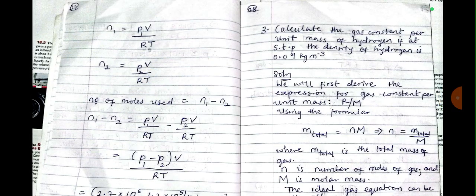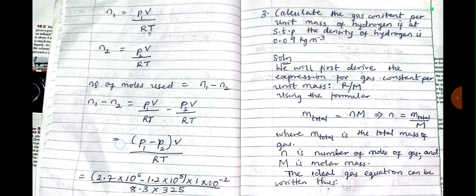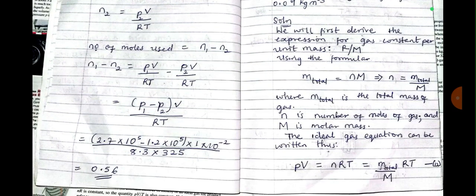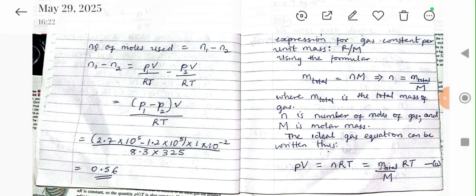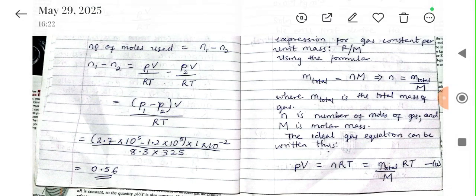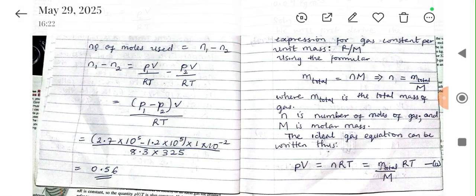Factoring out V that is common, you have P1 minus P2 times V divided by RT, and then you substitute their values. P1 is 2.7 times 10 raised to 5, and here is P2.